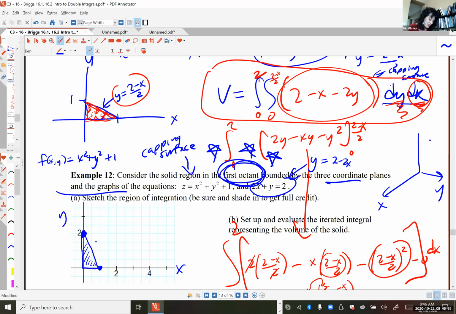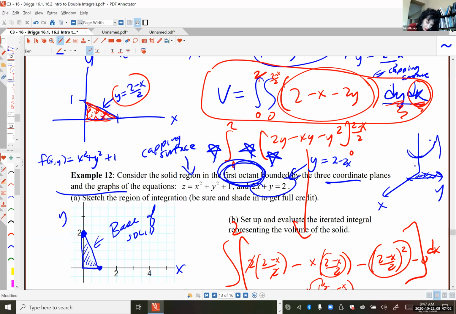Okay. So this, folks, is the base of the solid. Right there. It's a little triangular thingy-dingy. And so if I draw the base of the solid here in 3D, it's that triangle there. And the underbelly of the paraboloid is the ceiling. So that's not part of the solid, but the capping surface is sort of this curvy thing.